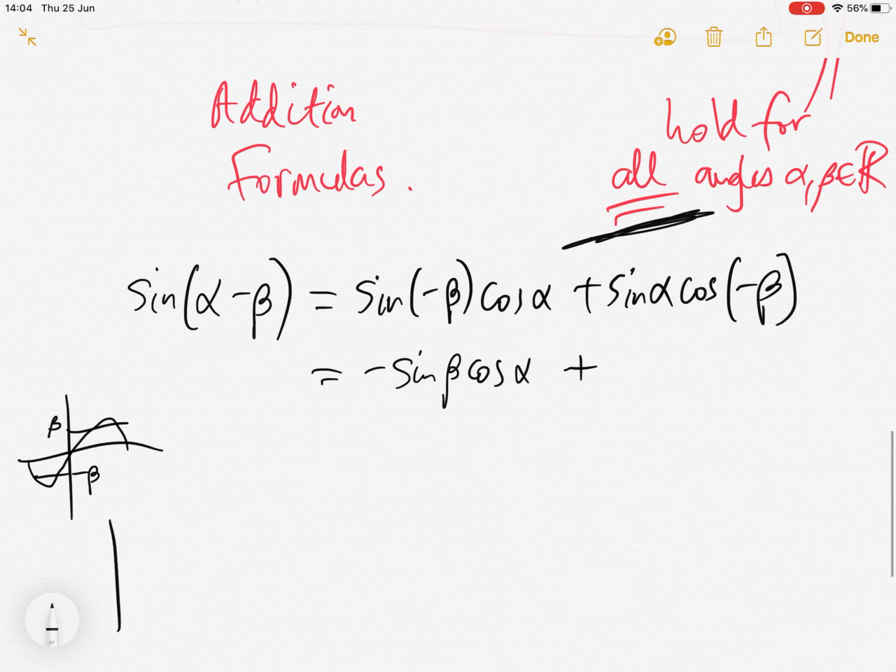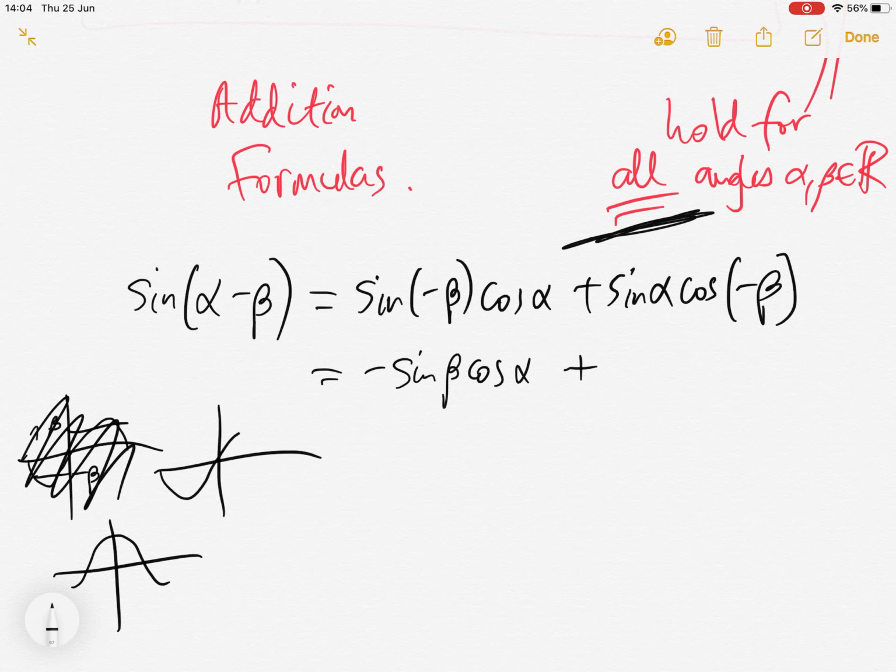But the cos graph is symmetric about the y-axis. What I mean is if beta is here, then minus beta is over here. So, yeah, here if beta is here, we see it's symmetric, so cos minus beta is the same as cos beta.